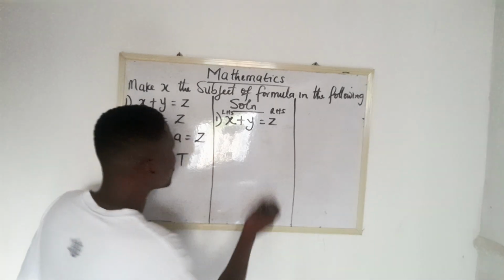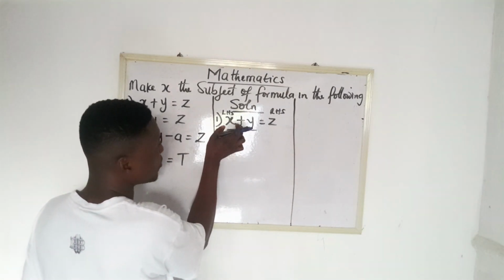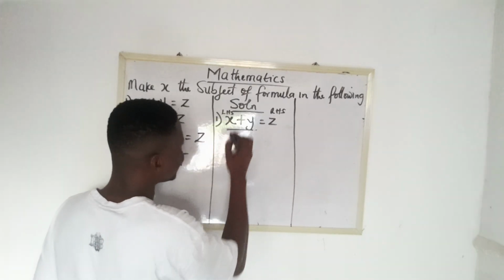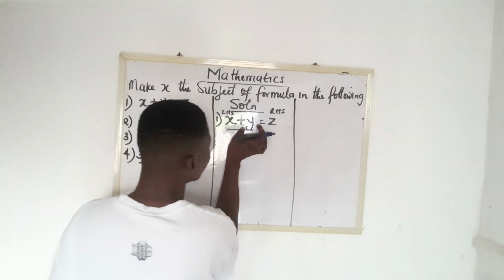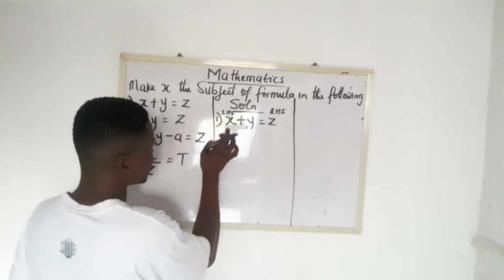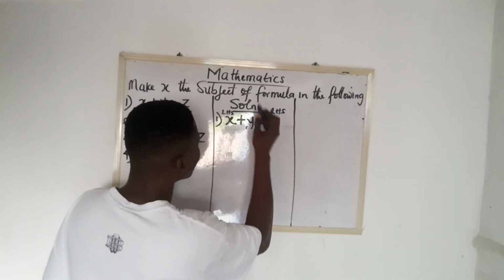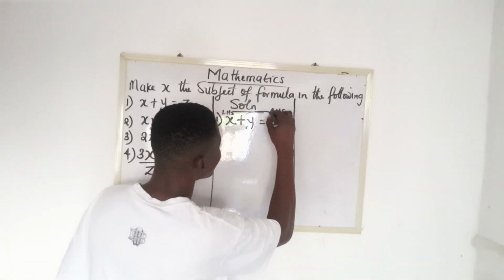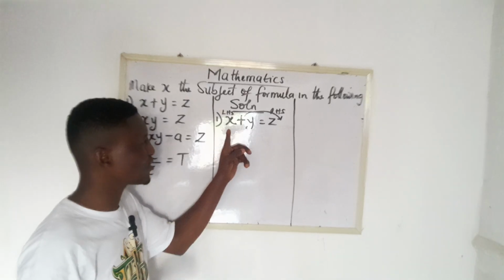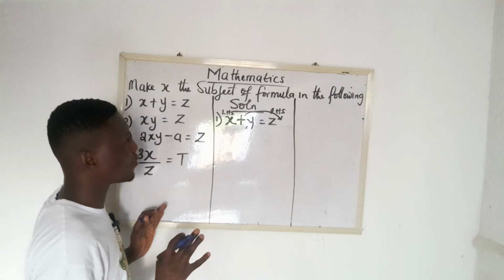Whenever you have it like this, the variable that you want to make the subject, then the basic operation plus sign in the middle, and then the number or letter that is disturbing that particular variable from standing on its own, what we are going to do is take that particular letter that is disturbing our x to the other side of the equation, and that is all.